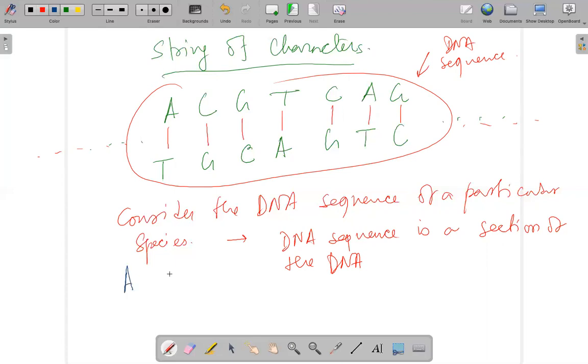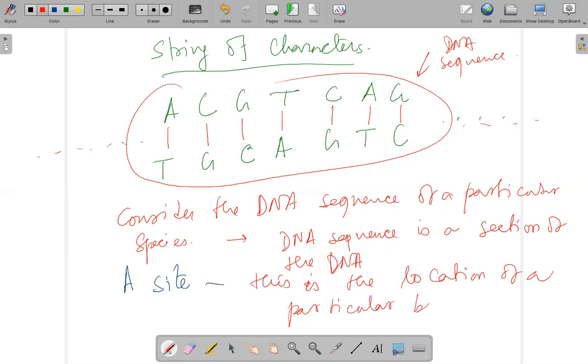Now a site is the location of a particular base pair.